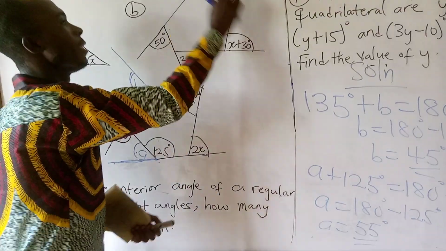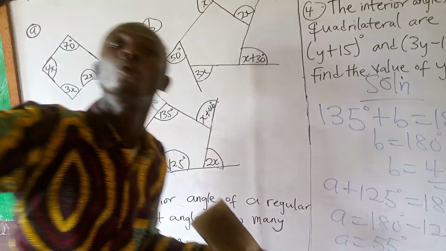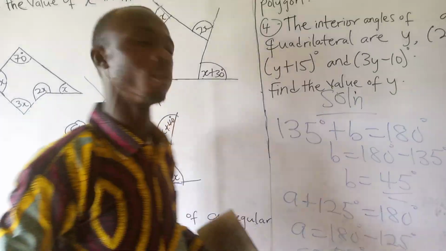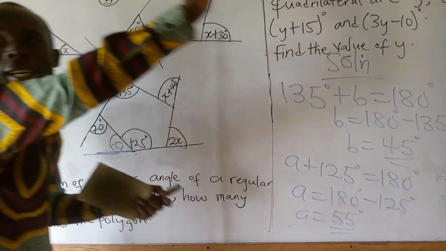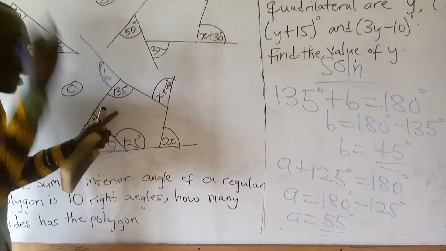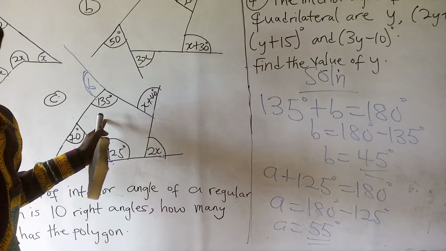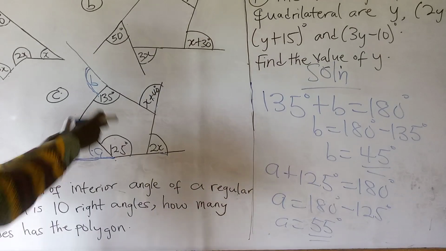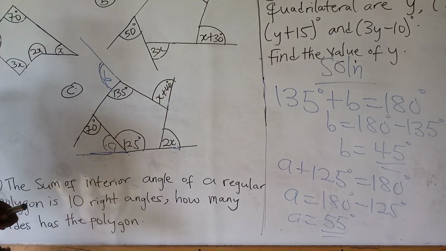So you just add this up and you equate it to 360. After that, you solve for the variable given. I've given some of the angles to you as exterior and some as interior. I said always when you meet questions like this, do not touch the exterior angles, but you work out the exterior angles that are needed to be calculated.